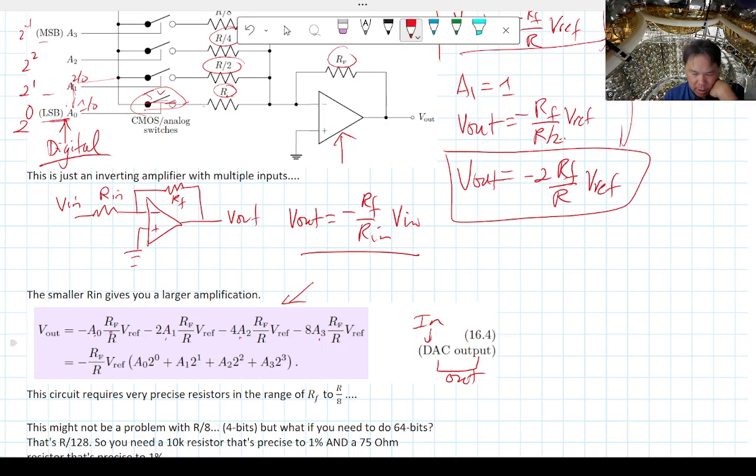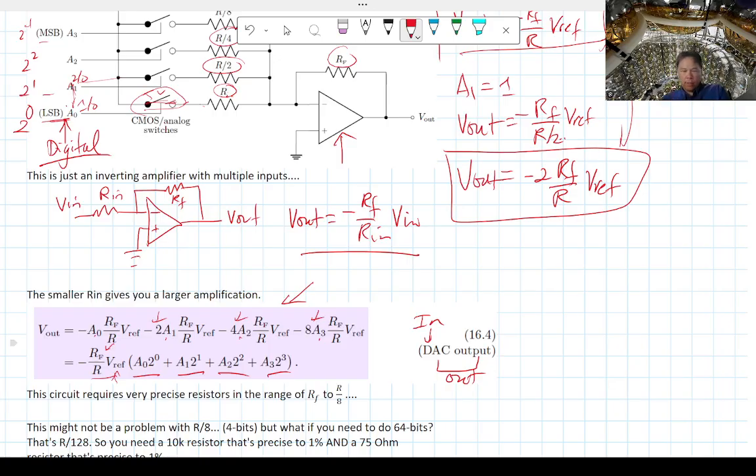But each time you go to the next bit, you get double the amplification. Therefore, your output is proportional to whatever your digital inputs are, multiplied by whatever the reference voltage is, and also the feedback resistance divided by your input resistor.